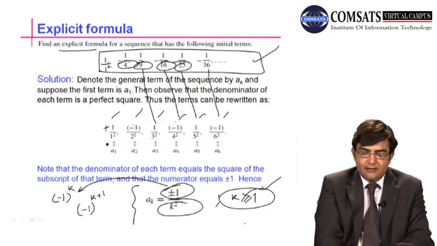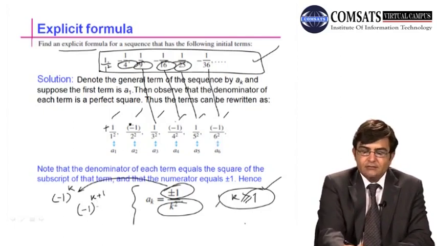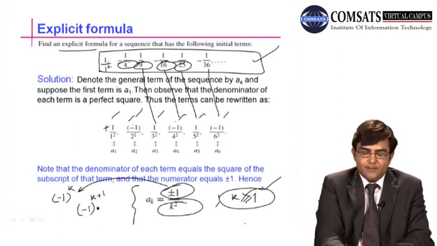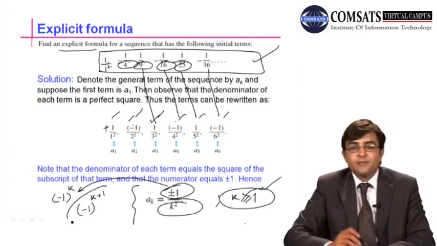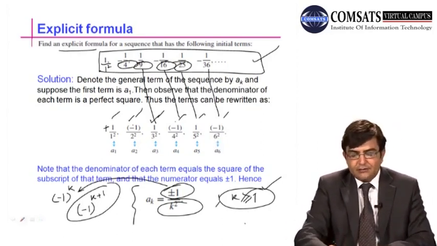If we put 2, we get minus 1 power 3, we get minus 1 here, because minus 1 power 3 is minus 1. If we put 3, we get power 4, we get plus 1 here. So now we have succeeded completely in writing the numerator term.